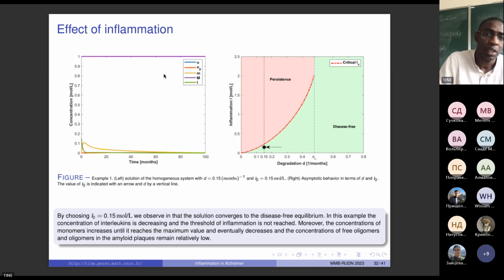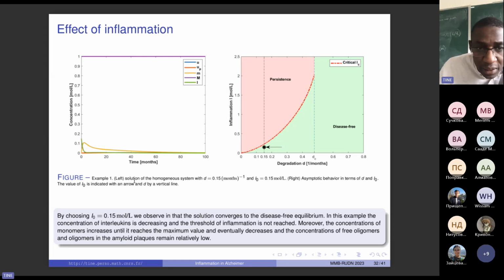That means in blue U, and here UP, M, capital M, and I. So these are all the concentrations that we plot here, and at the right we have the same thing, where we plot, depending on the critical IC, the zone where we have disease-free or persistency of the disease.